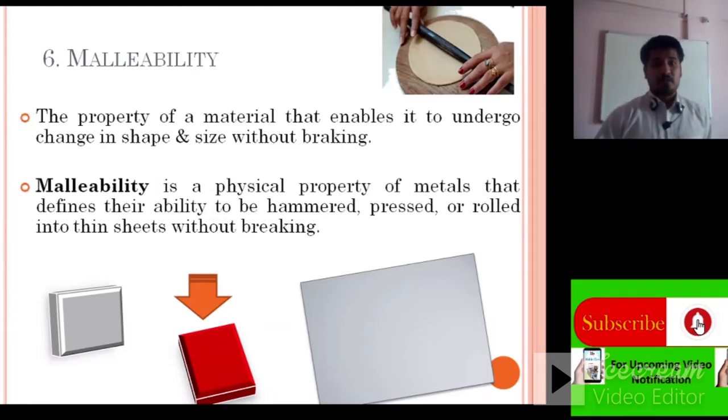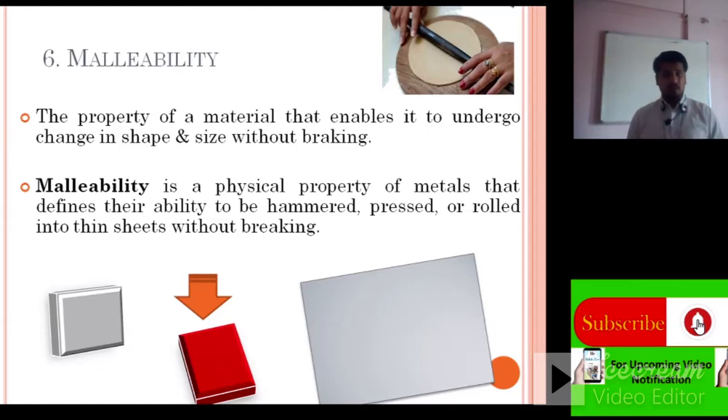Okay, here is the statement of malleability. The property of a material that enables it to undergo change in shape and size without breaking. The important point is that when we apply force or hammer at its top side, the material should form into a thin sheet but without breaking.